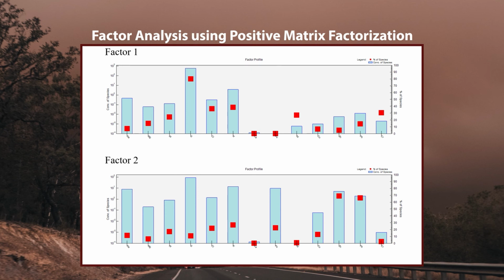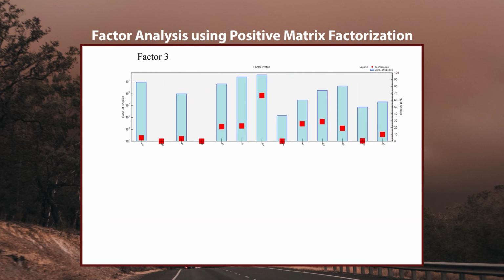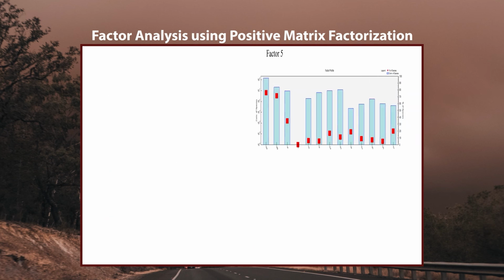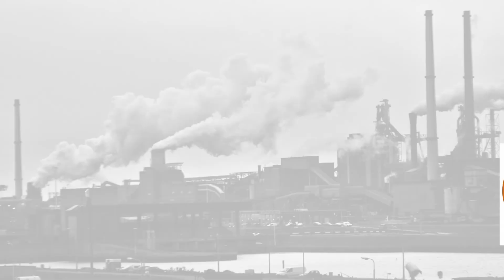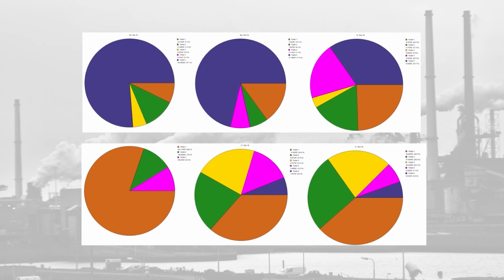It gives different factors from a set of data: factor 1, factor 2, factor 3. Factor 1 can be the vehicular pollution, given in blue. In this, each circle denotes a different place.